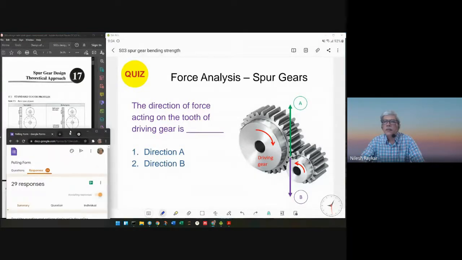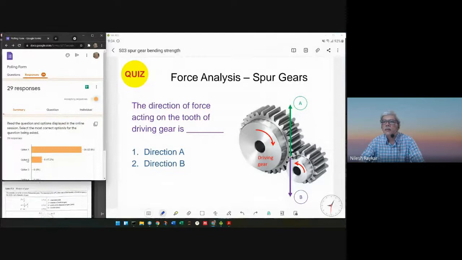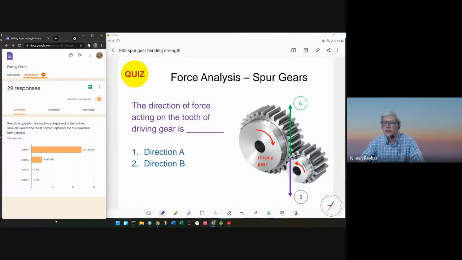Okay, so we'll stop here. The answer given by the majority is direction A, which is the correct answer. The way to determine the direction of the force is, if it is a driving gear, then the direction of the force would be opposite to that of the motion.